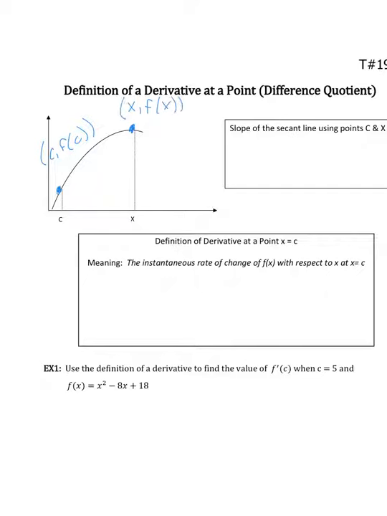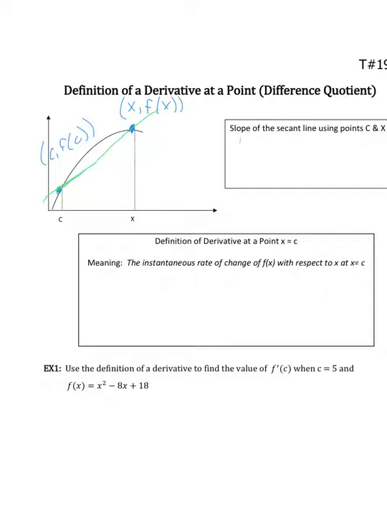Let me connect those with a line, and that would be a secant line. If I drew that secant line and asked you to find its slope, what do you remember from when you first started algebra?